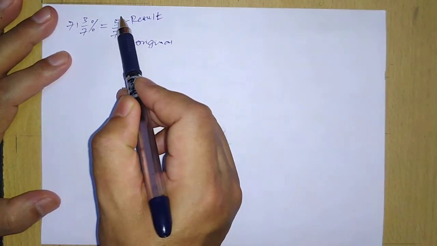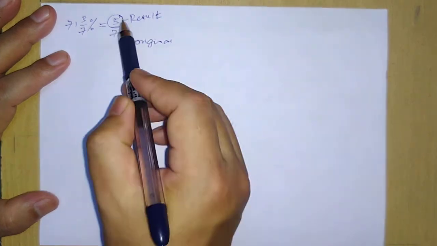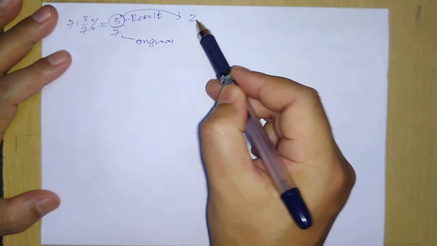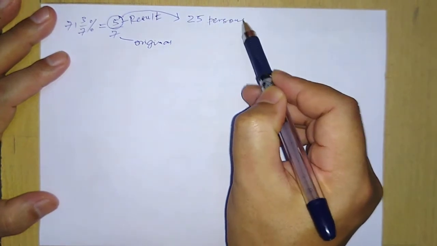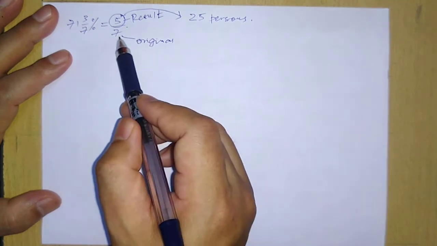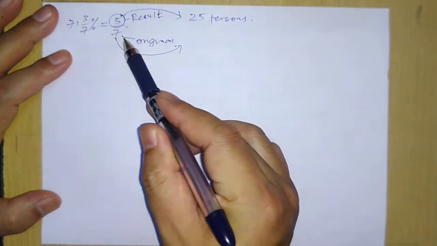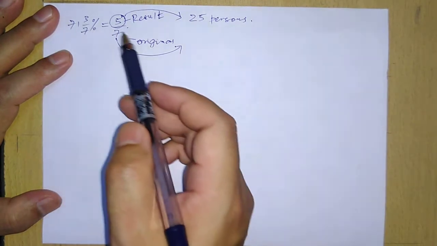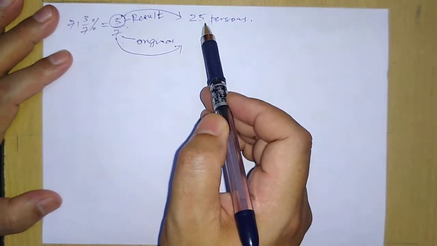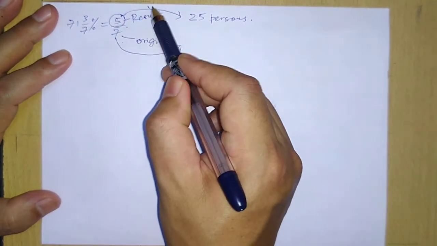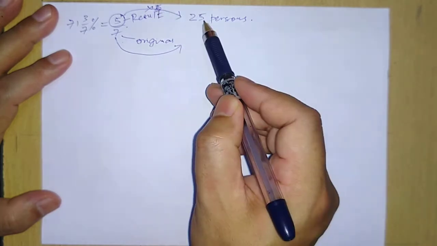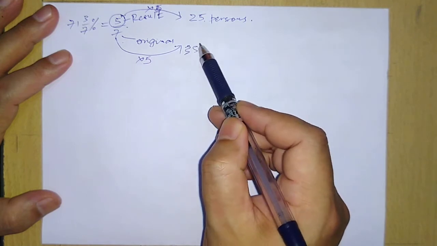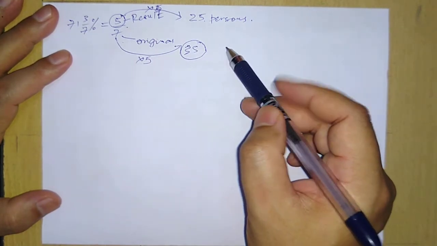So this 5 part is filled and this 5 part represents 25 persons. So this 7 will represent how much? This is the total capacity, the original, but only 71.3/7% is filled. So there are 25 persons. So 5 into 5 will give us 25. So 7 into 5 will give us 35. So the capacity of each wagon is how much?